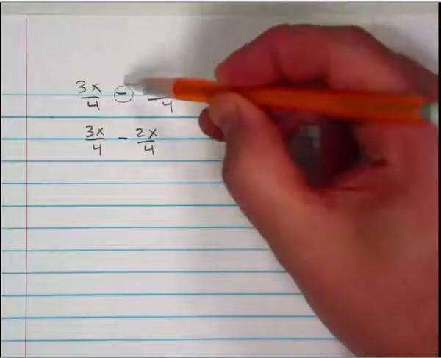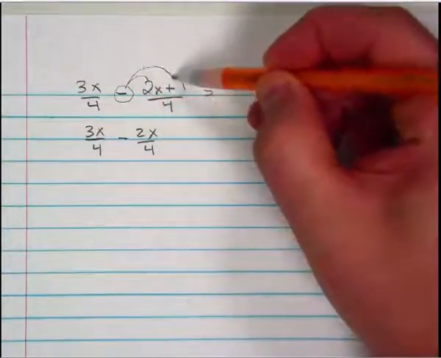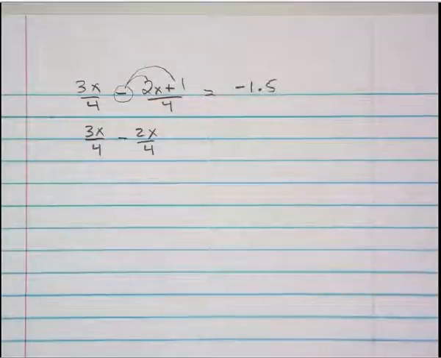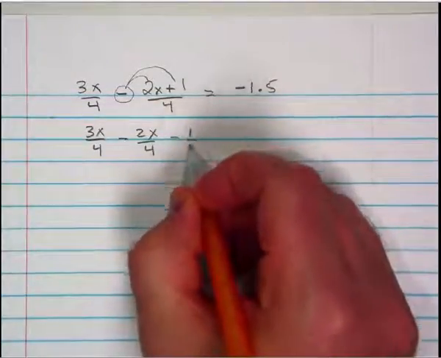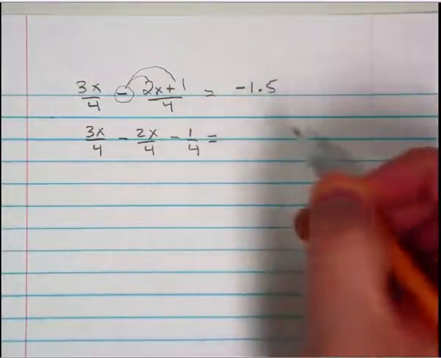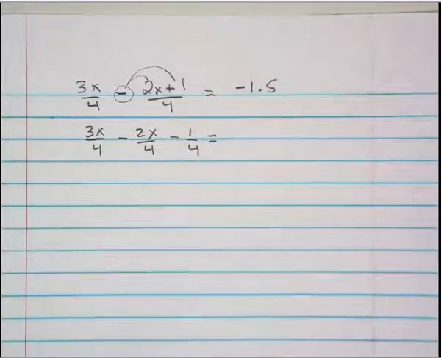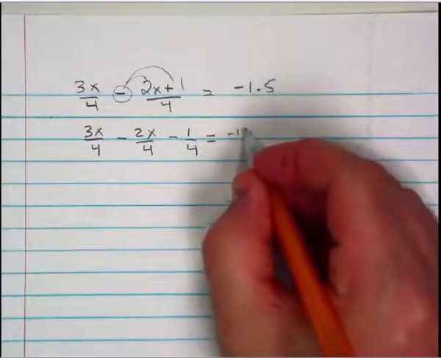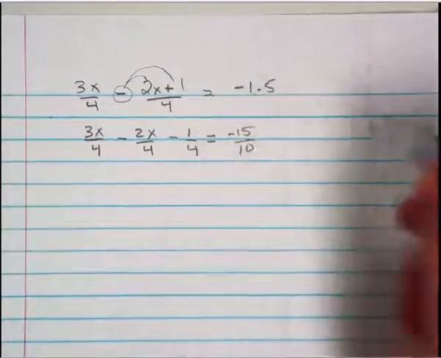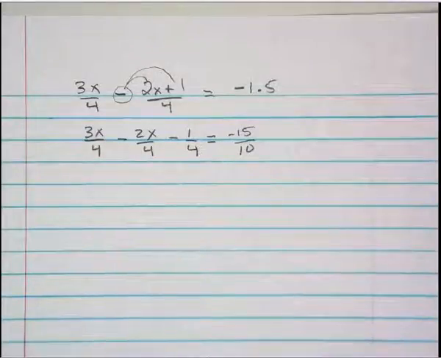But it's also going to go to the 1, so it would be minus 1 over 4. And I might as well change this negative 1.5 into a fraction. It'd be negative 15 over 10. Again, just watch that you distributed that negative.